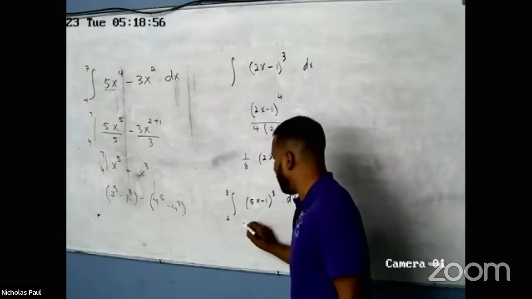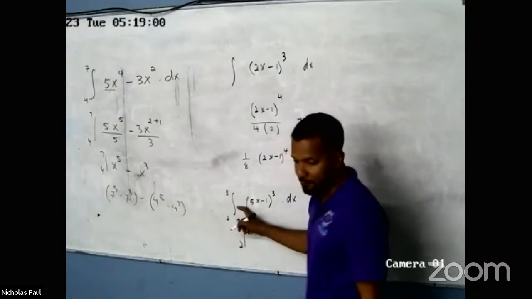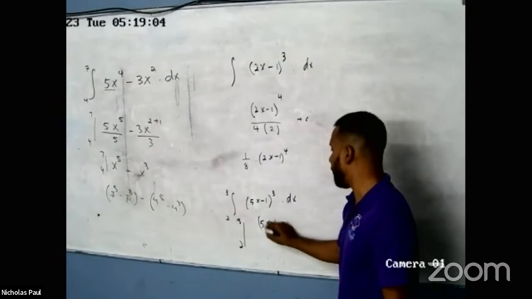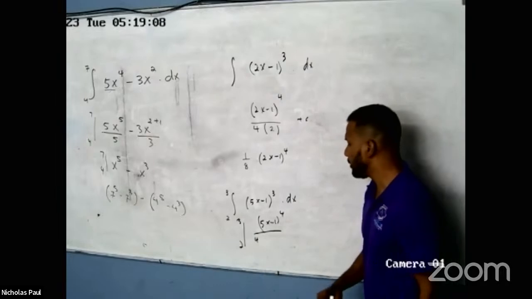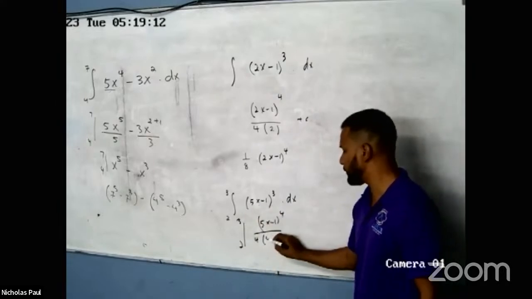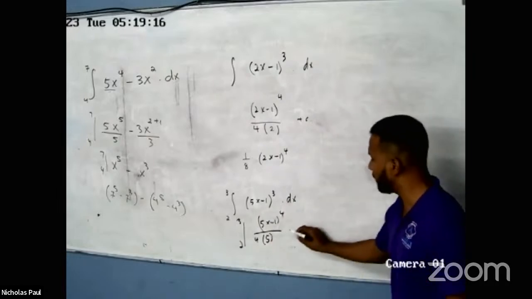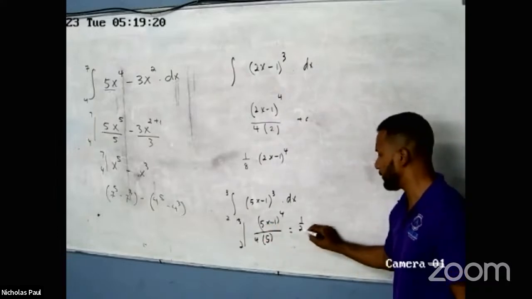Remember, once you start to integrate, you don't write back the integral symbol. You add 1 to the power, which is 4, divide by the new power, and divide by the differential of 5x minus 1, which is 5. When you begin to work it out, this is 1 over 20, so leave that outside.